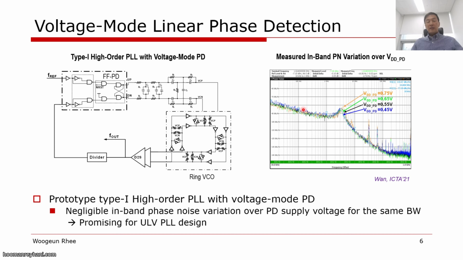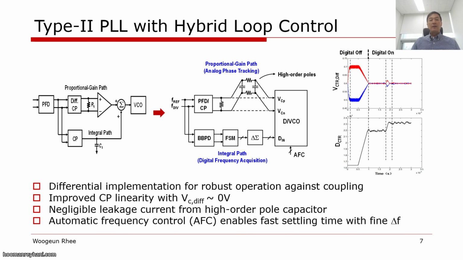Unlike the TDC, where the time resolution really determines the in-band phase noise, in the case of the analog PD, as you see here, even with the supply voltage changing from 0.45 to 0.75 volt, if we keep the same bandwidth, the in-band noise coming from the phase detector does not change much. This is the benefit of the analog phase detector.